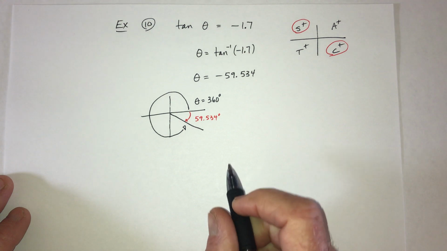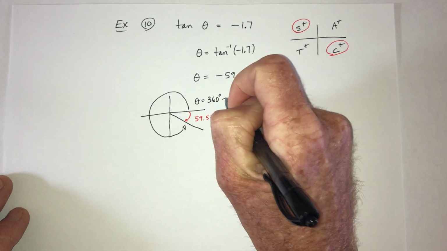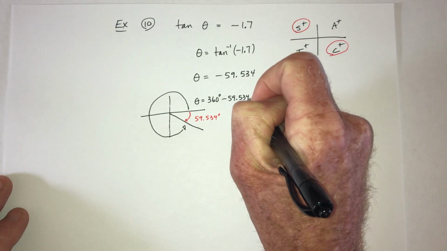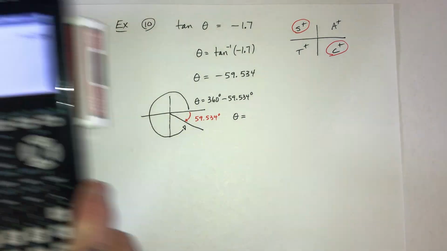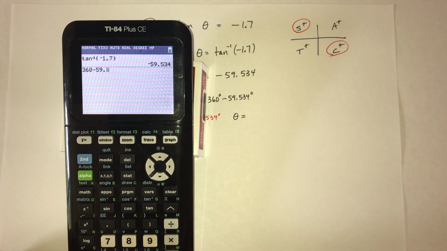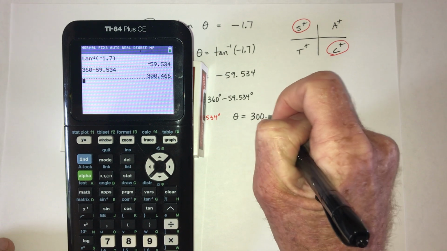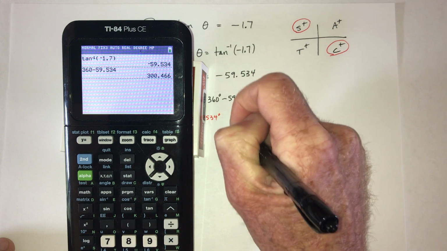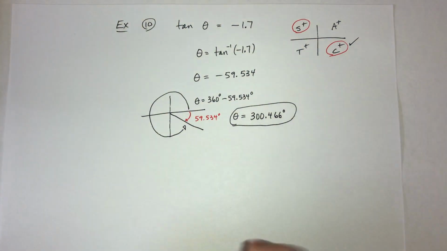That would be all the way around the circle. And now just subtract out this gap, the red gap. So minus 59.534 degrees. So 360 minus 59.534 is 300.466 degrees. So that's the solution in the fourth quadrant.